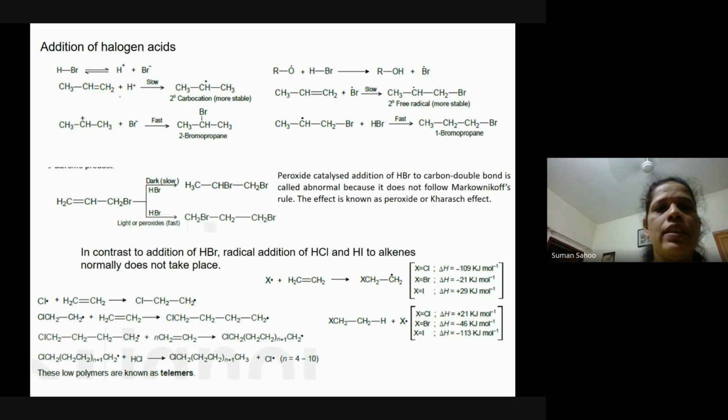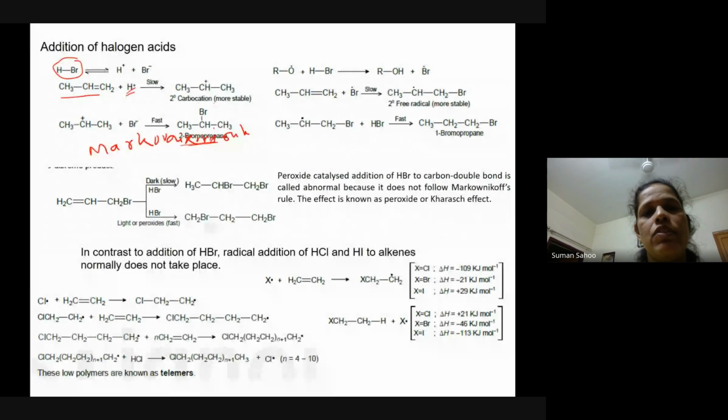Next comes addition of halogen acids. When we add alkene with only HBr, in presence of nothing, we get 2-bromopropane. That is Markovnikov's rule. In this case the proton is added first to give a more stable carbocation, which is the secondary carbocation, then bromide attacks to give 2-bromopropane.